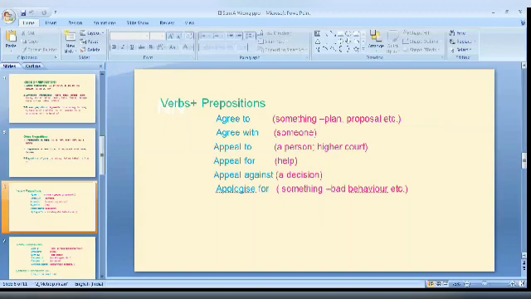And apologize for. We can apologize for something or our bad behavior. I apologize for my words. We can say it like this. We can apologize for our words, our behavior, or something done by us. So these are some combinations where certain prepositions go along with certain verbs.